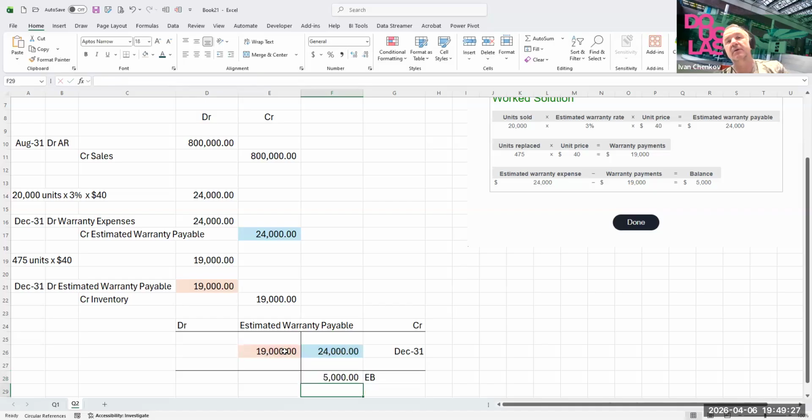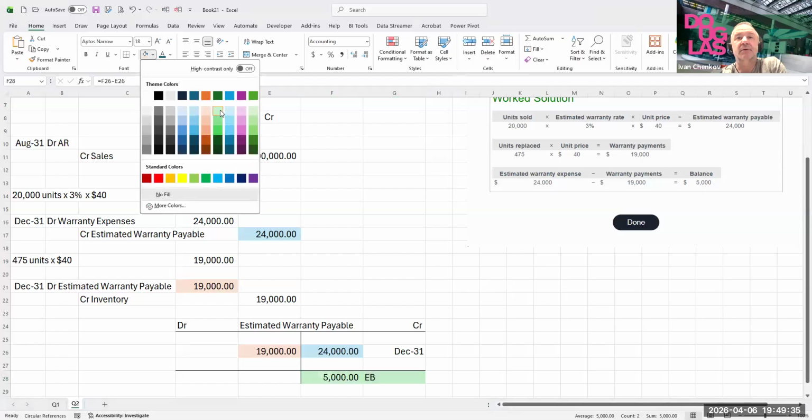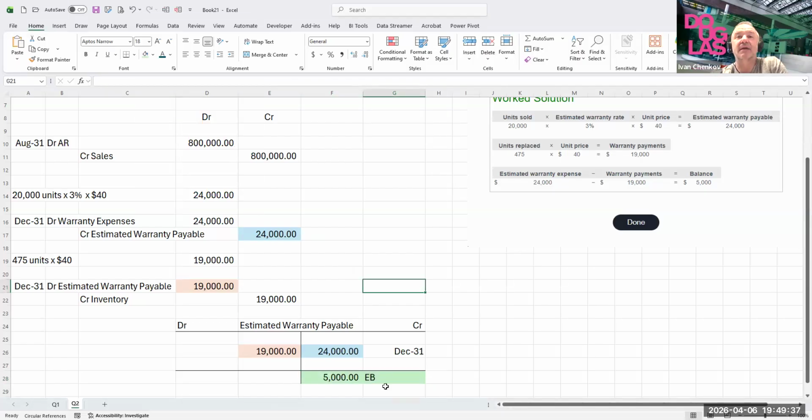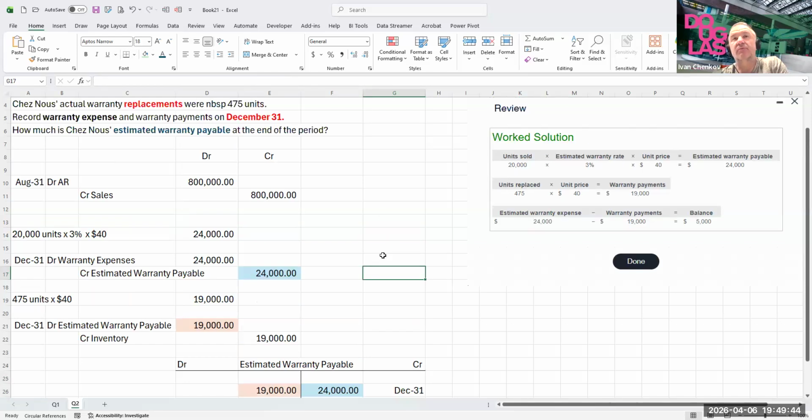Very complex calculation of two numbers, and you come up with the answer of $5,000 ending balance. And you're done with this question. That's how long it's going to take you to solve this very difficult problem with the warranty. But I still want you to know how to calculate the warranty. I don't want you to underestimate it.